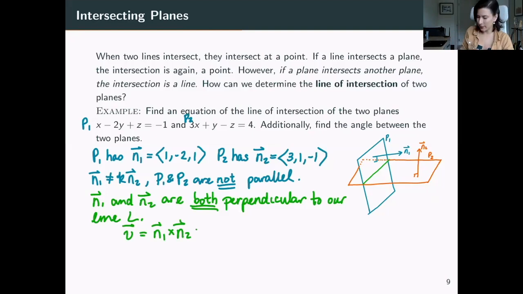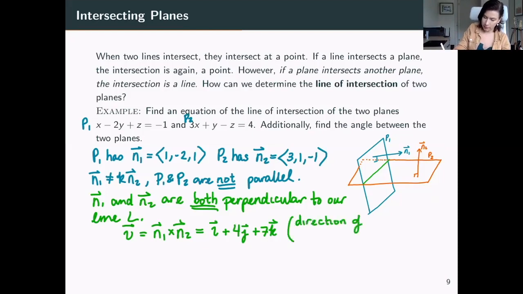But trust me when I say that the cross product, if we do it, will be i plus 4j plus 7k. So this vector v is representing the direction of the line. We know what the direction of the line is. Now we need a point on the line.